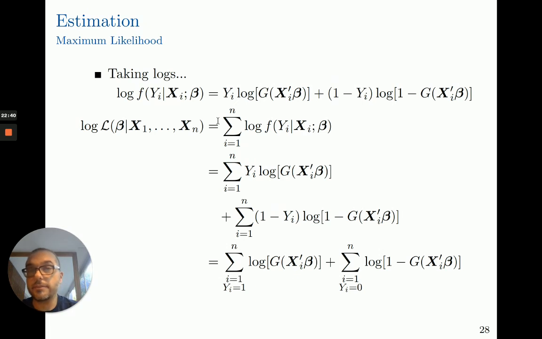So if we take logs, we have y log of g, plus 1 minus y log 1 minus g. If we take the sum of this thing, because the product becomes the sum, and then we have this term here.